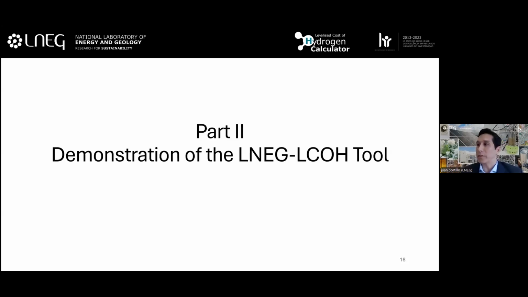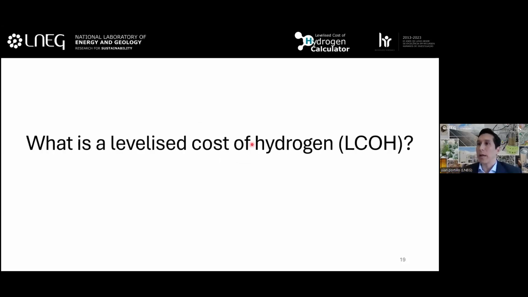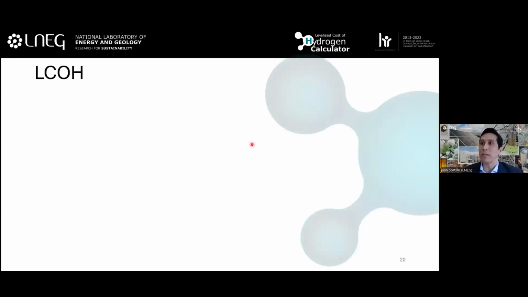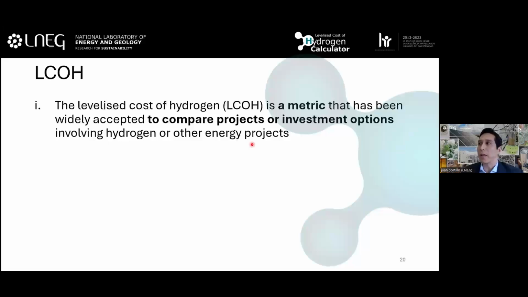Okay, so this will be related to the demonstration of the tool. And I would start with the definition, from our perspective, of what the levelized cost of hydrogen is, normally shortened as LCOH. The levelized cost of hydrogen is a metric that helps us to compare different projects or different investment options that involve hydrogen, of course.